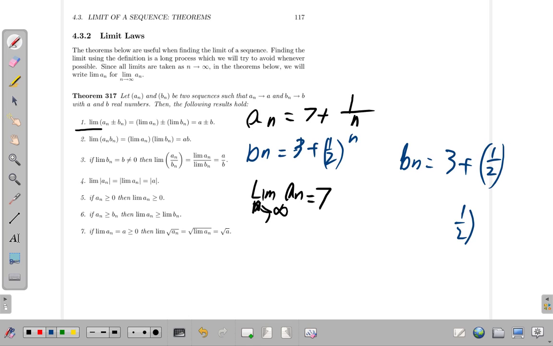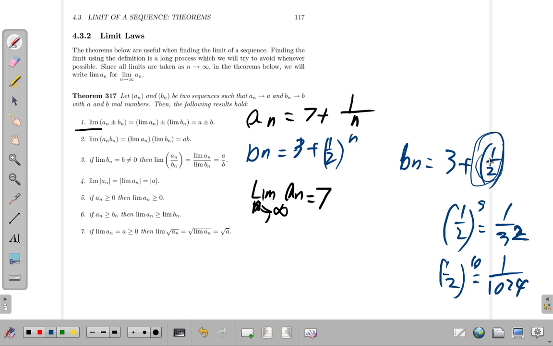Half raised to the power of 5 would be 1 over 32. It's small. Half raised to the power of 10 would be 1 over 1024, which is even smaller. So as we go on, this part becomes smaller and smaller. So bn would tend to 3. The limit as n tends to infinity of bn is equal to 3.